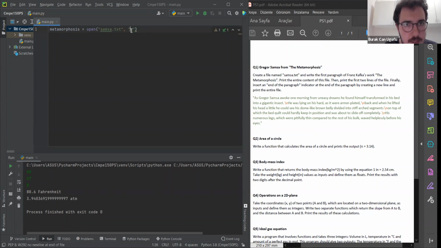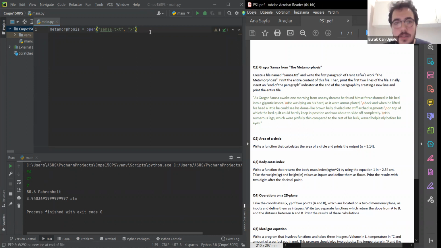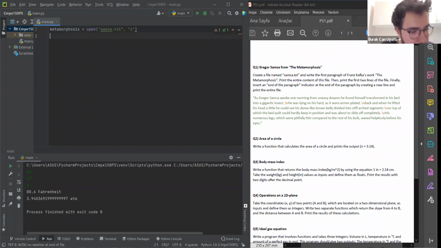This x says that we are not taking the file, sorry, we are creating a file, and this could be r if you want to read the file, or w if you want to overwrite something into this file.